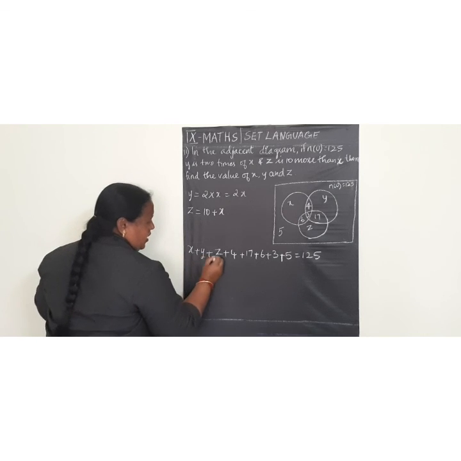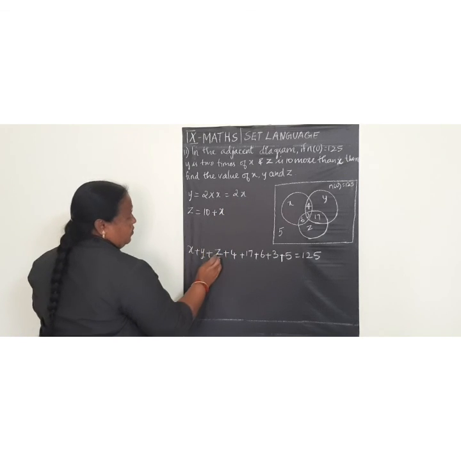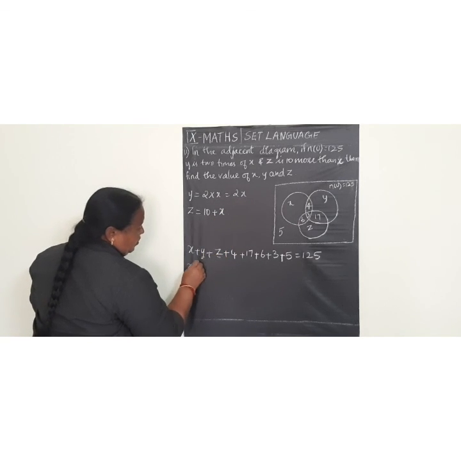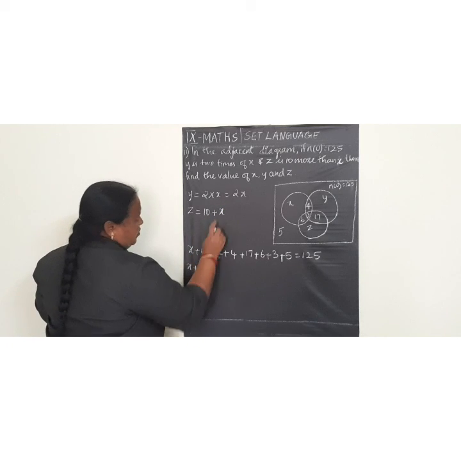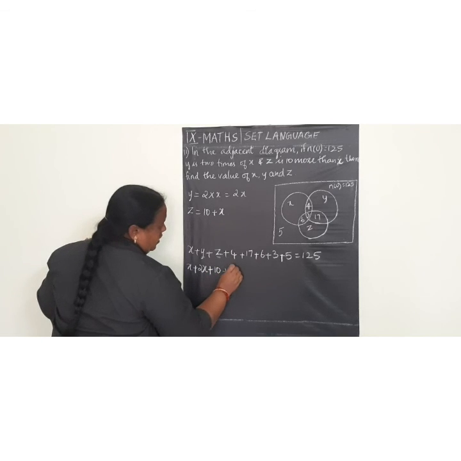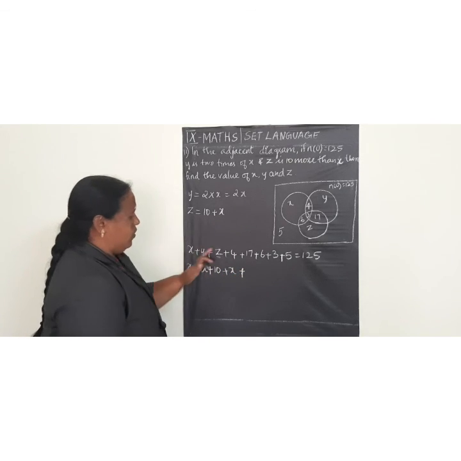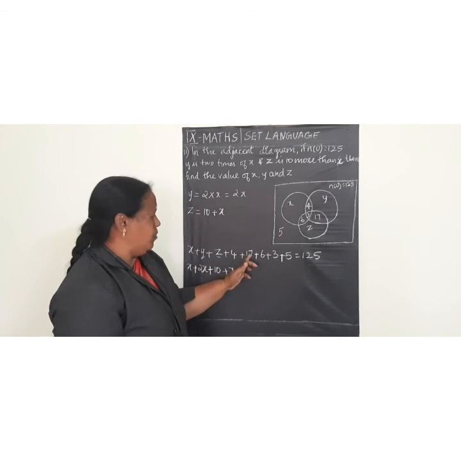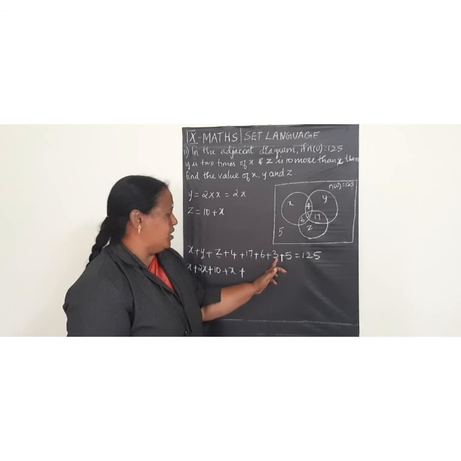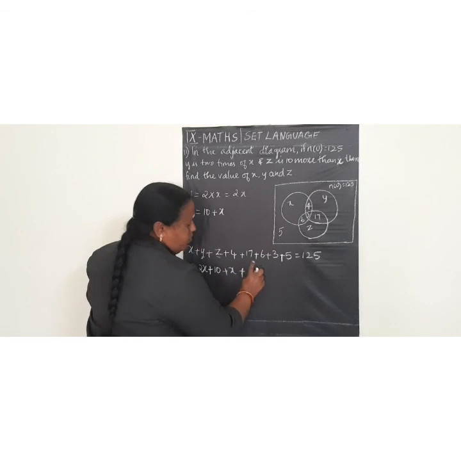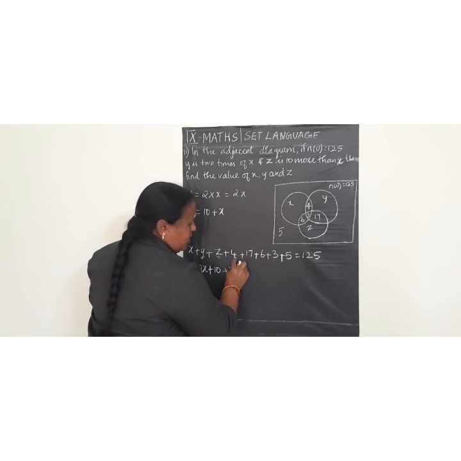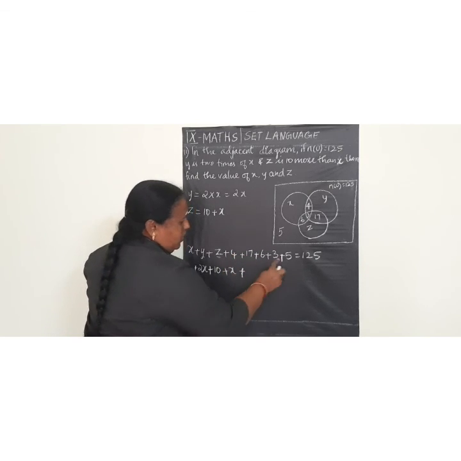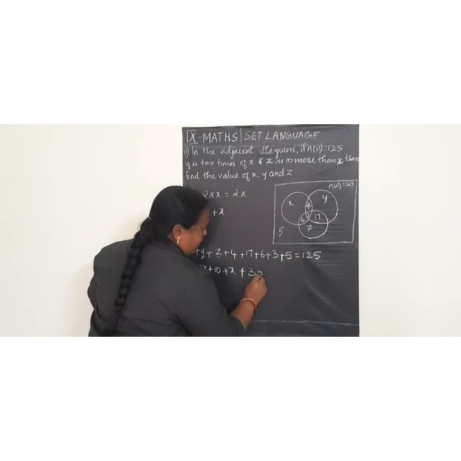Then for y and z we substitute these values. So x plus 2x for y, 10 plus x for z, plus, now we add all of these: 4 plus 17 plus 6 plus 3 plus 5. Now 17 plus 3 is 20, 6 plus 4 is 10, so 20 plus 10 is 30, 30 plus 5 is 35, equal to 125.